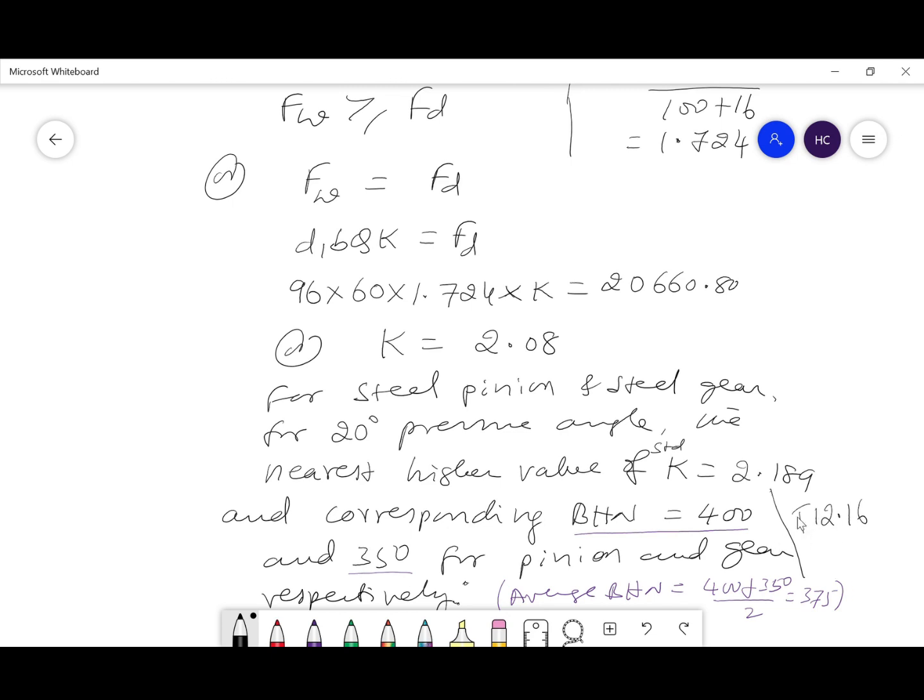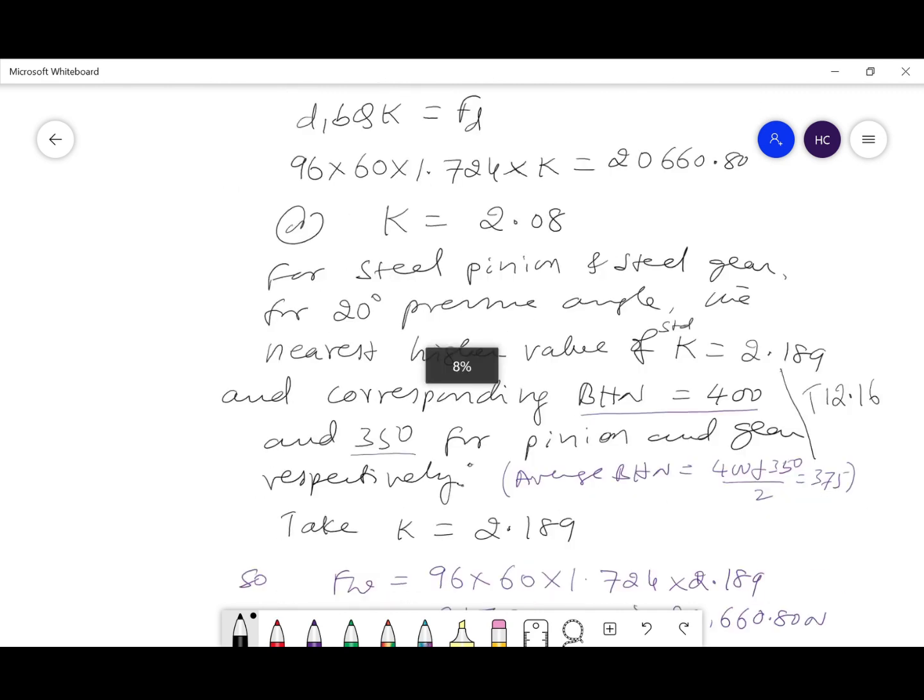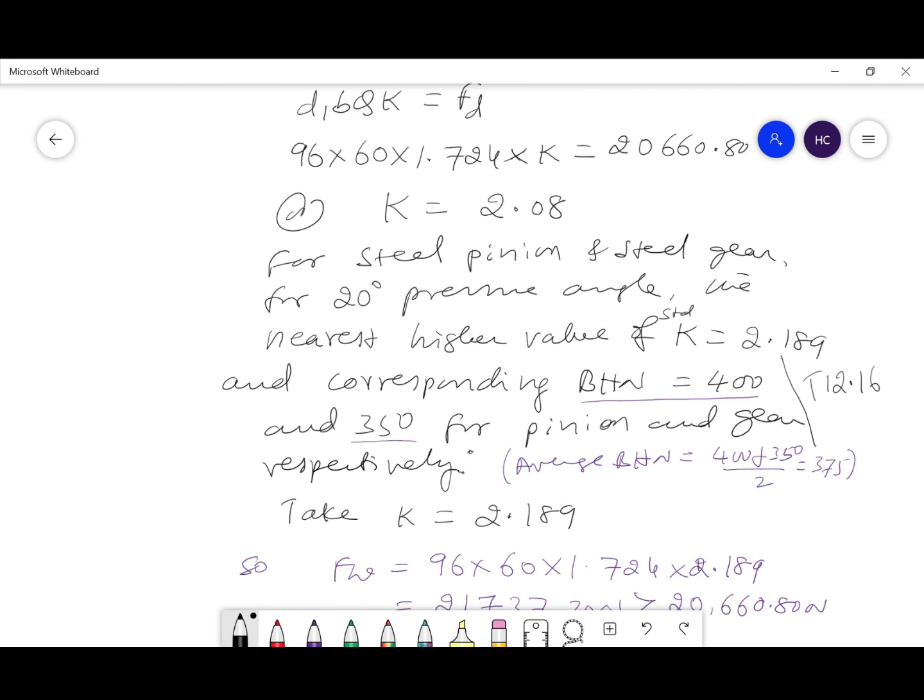That's from table 12.16, and corresponding BHN is 400 for pinion and 350 for gear. And average BHN is 400 plus 350 by 2, that's equal to 375. So let us take the K value is equal to 2.189.